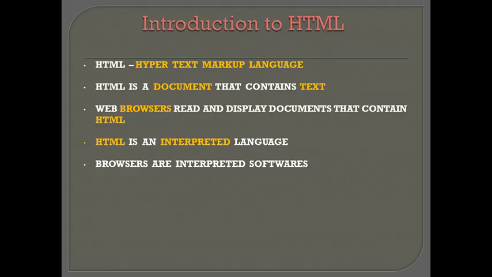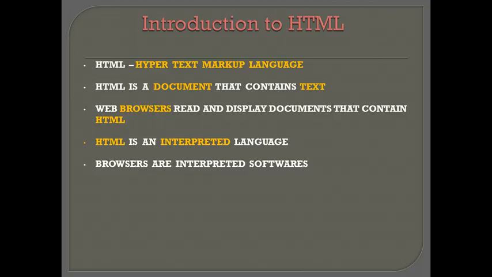Interpreted in the sense that the browsers read the HTML document line by line, but as you click on that HTML document, it will be loaded in one shot. This is because your microprocessor is very fast, and hence your HTML document will be loaded in only one shot. Okay, then we have browsers are also interpreted software.